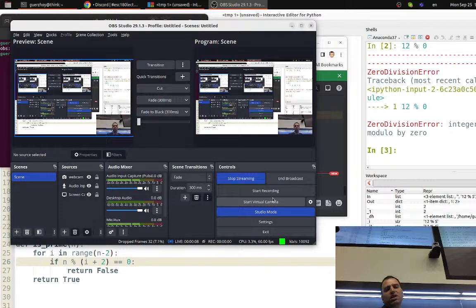Now, another thing that you might wonder about as well, like what about 0 and 1? So for 0 and 1, you would actually not do this, and you would also return true, even though 0 and 1 are not usually considered prime numbers. So you might say something like, if n is less than or equal to 1, then just return true, false, whatever.